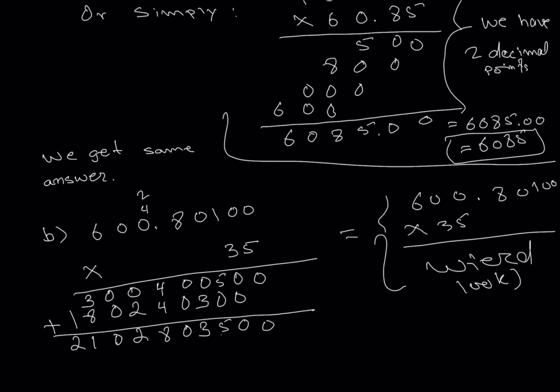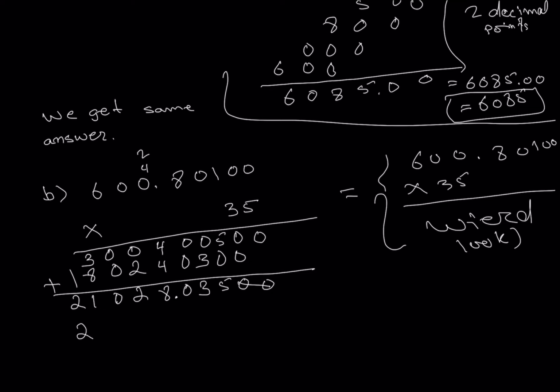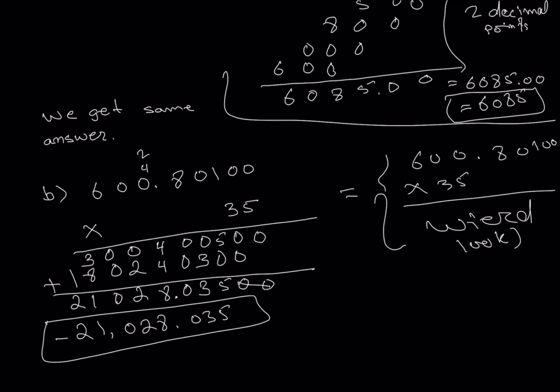So that's not 5, that's actually 4. So we'll be right here. 1, 2, 3, 4, 5. 5 numbers right here are our decimals. These two don't count, so we can get rid of that, and we'll write it down as 21,028.035. So that will be equal to that thing also.